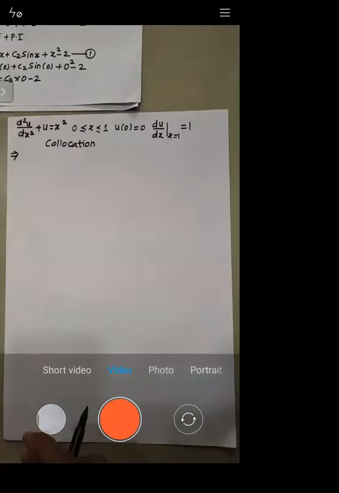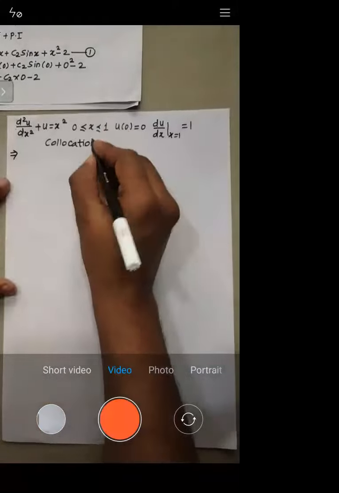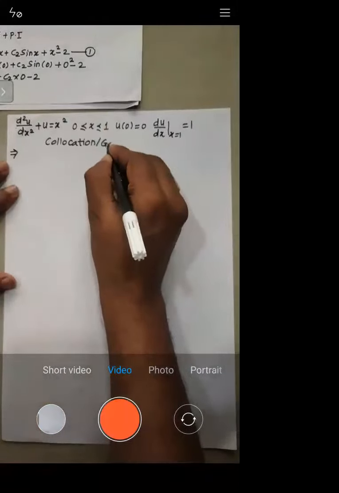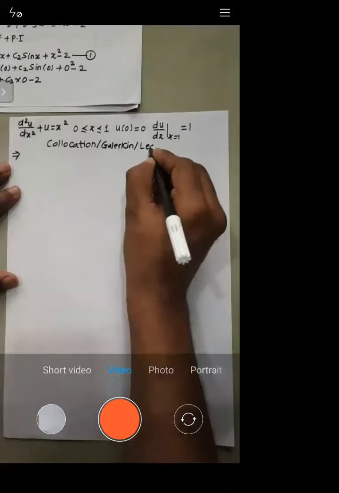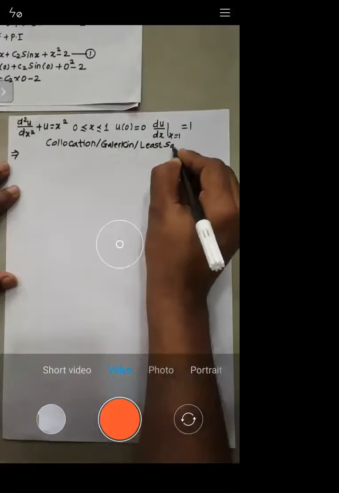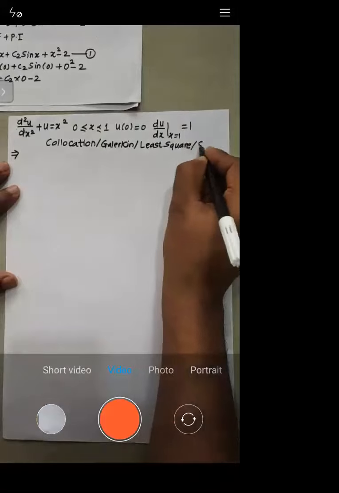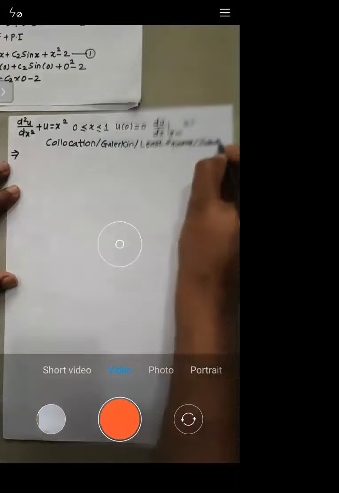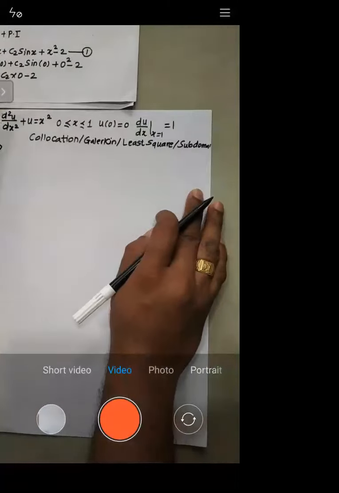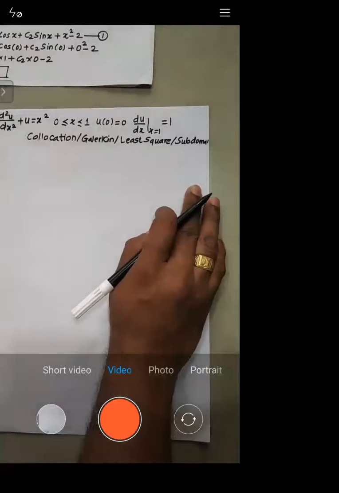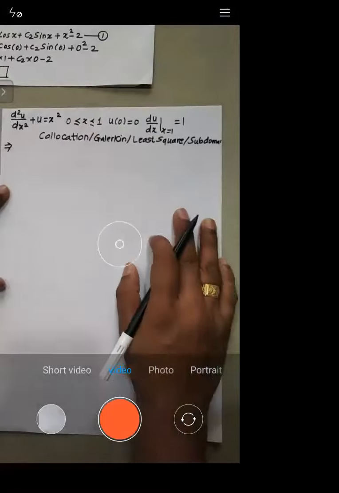I need to solve by using collocation, or Galerkin, or least square, or subdomain. Tell me how I should start. Tell me how we should proceed.